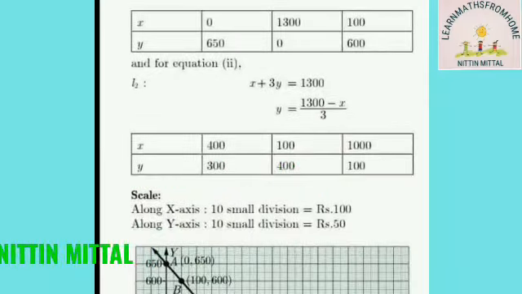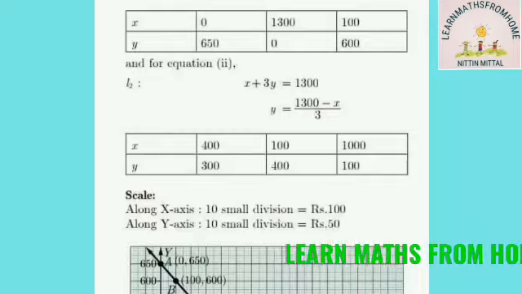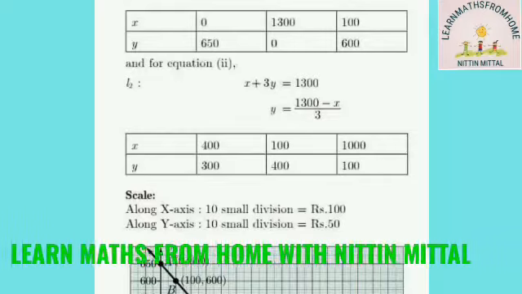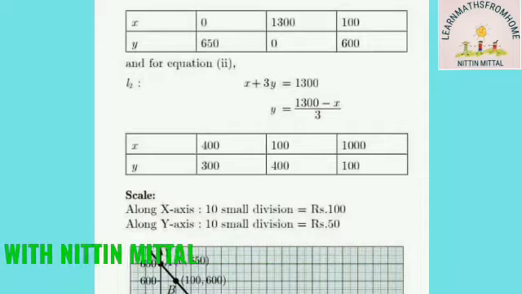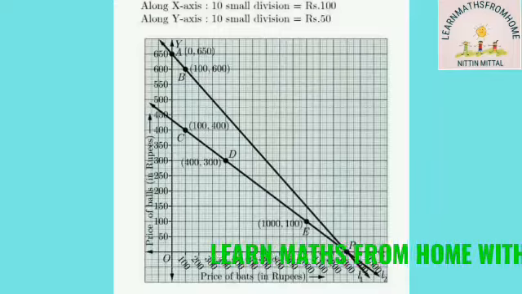Then we will show it on graph. So on graph, as the values are big, we have to take different scale. Along x-axis, one big division equal to rupees 100, and along y-axis we have taken one big division equal to rupees 50.